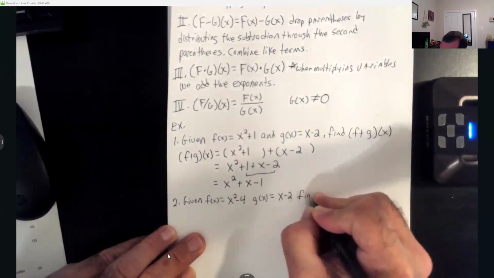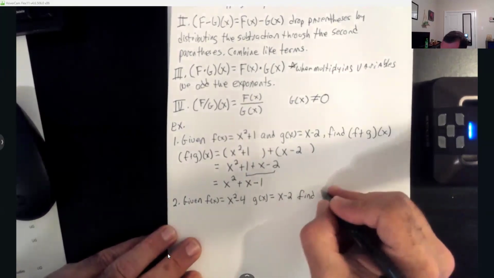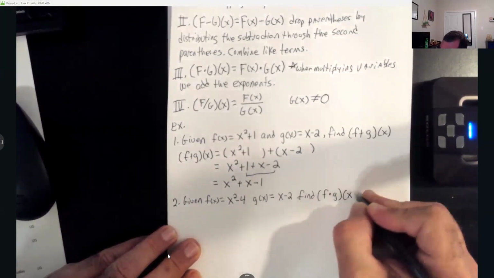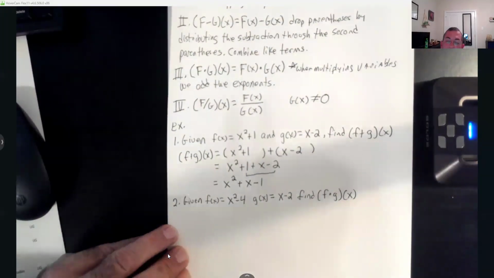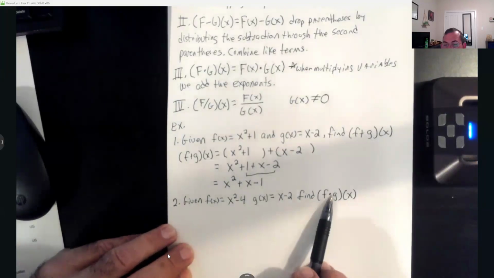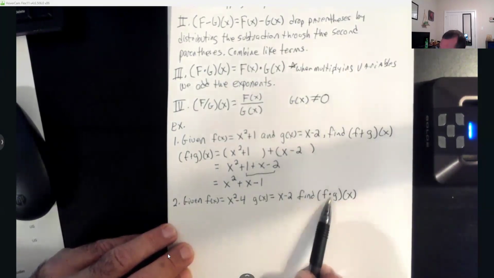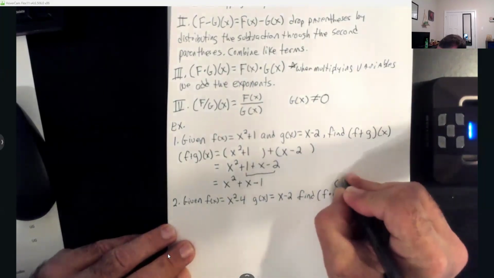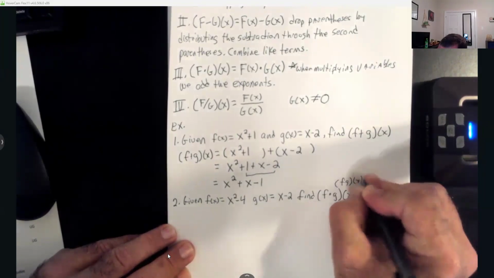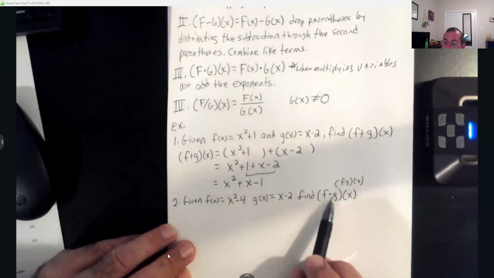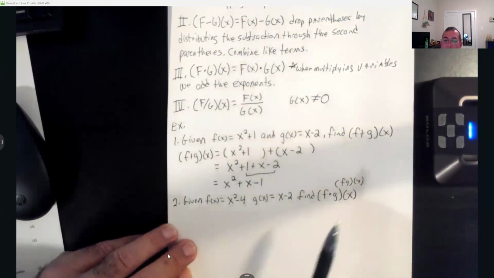They want us to find f times g of x. Now, in MathLab, a lot of times they put a dot here for multiplication. But you could have just an f and a g. They could write this like this, fg of x. Remember, two variables next to each other also represent multiplication, okay?